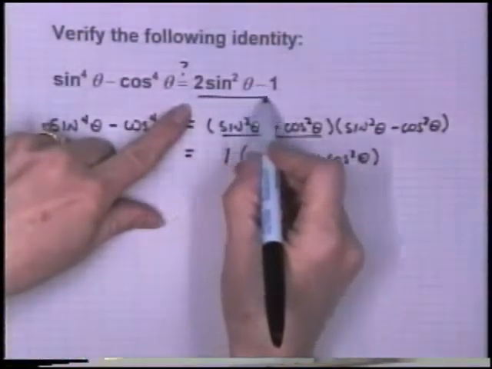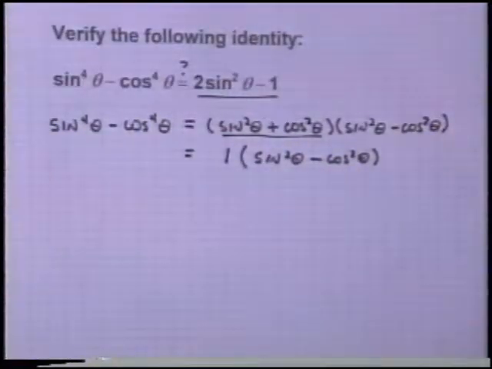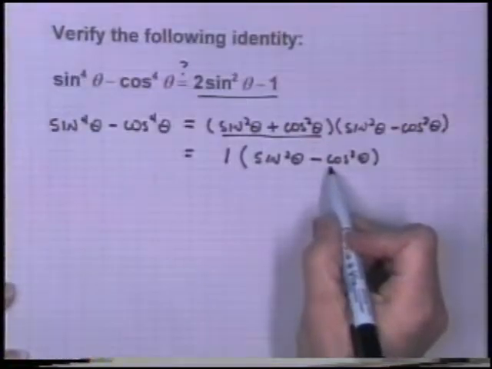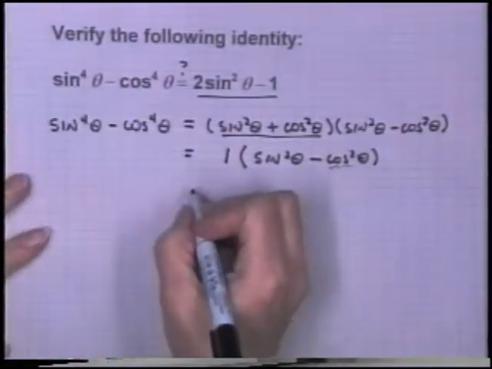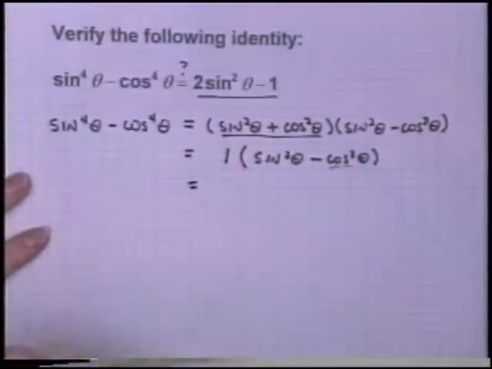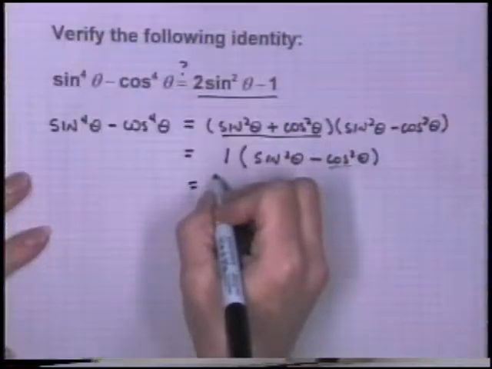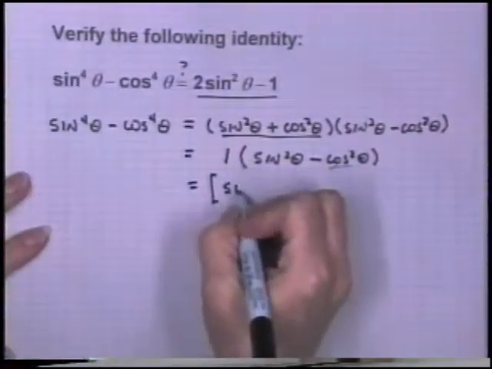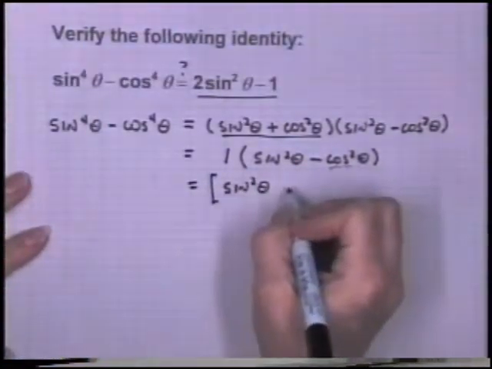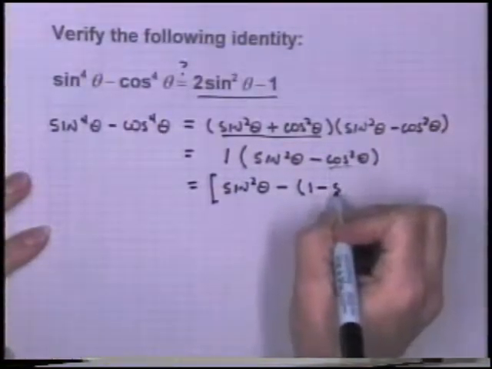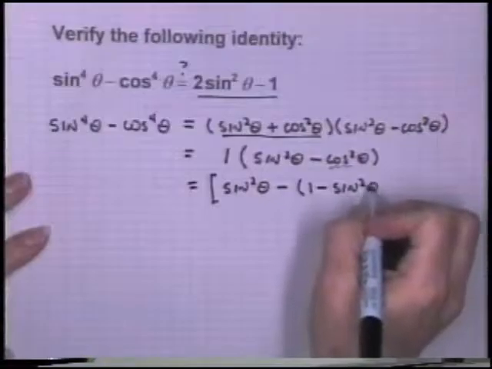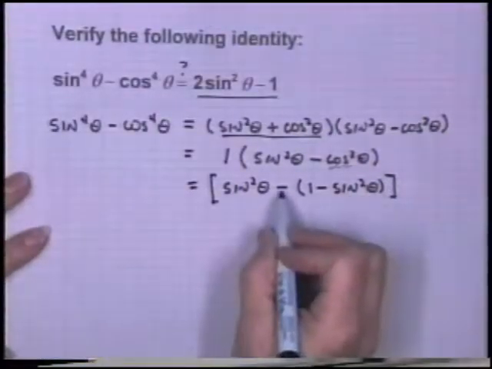Now let's take just a second and look back up here at what we're trying to get. Notice what I'm trying to get has only the sine function in it. So that suggests that maybe I should think about that cosine squared right there and rewrite it as a sine function. I can do that, can't I? Let's just drop the 1. We don't need that anymore. And I'm going to go to a bracket here for a second. I have sine squared theta minus, now let's be careful, cosine squared is 1 minus sine squared.